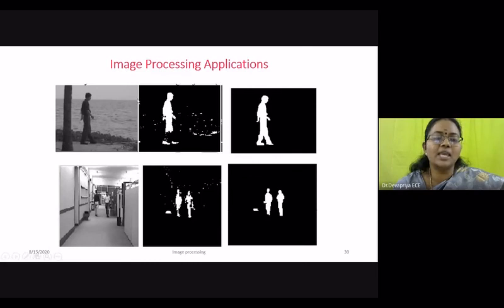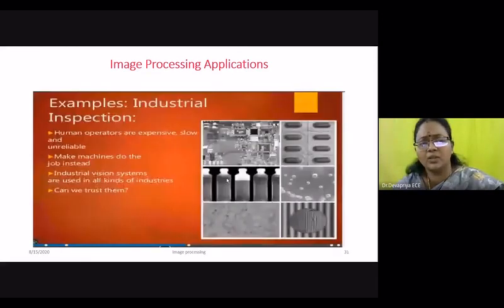If you see the seashore, these are prohibited areas. Since there is a heavy storm possibility, you are not allowed. If a person is entering, then the system should alert the police. They will identify that there is a person, and they will be able to inform him about the severity. These kinds of things are possible with image processing.